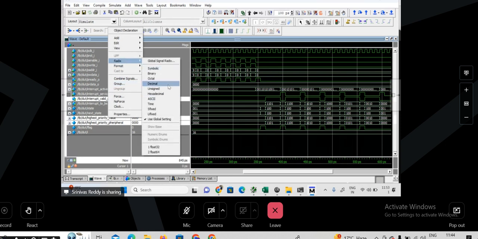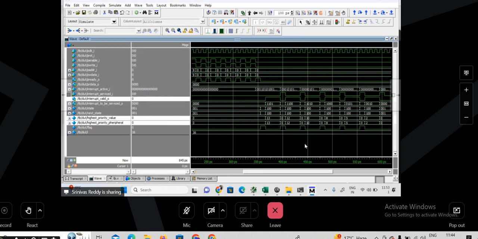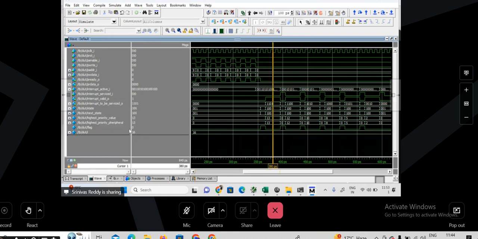Now you can see the highest priority I'm getting is 2. Let us make this into unsigned format. Now 2, reverse of the previous: 2, 5, 8, 10, 12, 13, so on. Did you understand? These are two test cases.